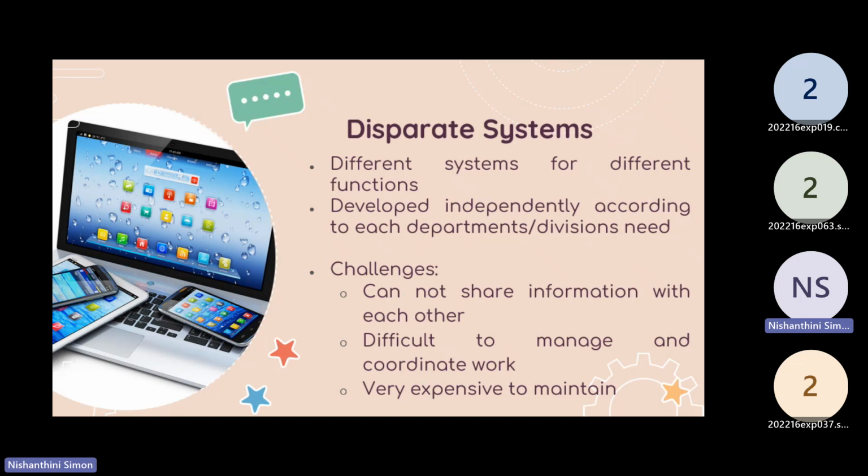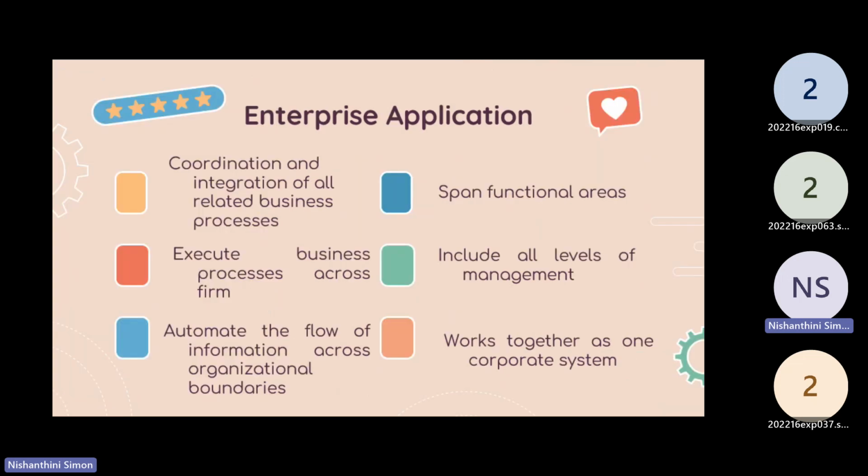So in order to overcome this issue, rather than maintaining separate systems, organizations are now moving to enterprise applications. Rather than maintaining different separate systems for each division, organizations now use an enterprise application. So here there is only one big system for the organization.